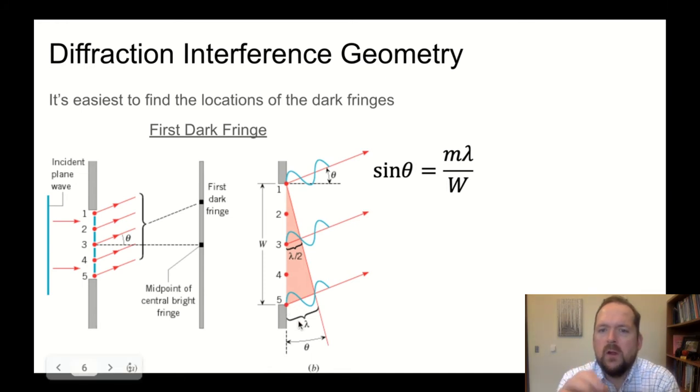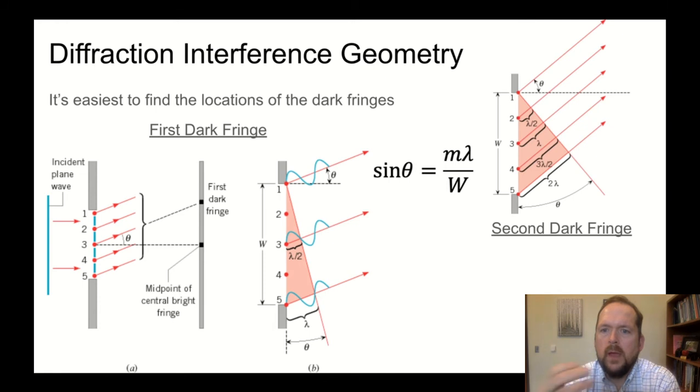So I get my first dark spot when that is 1 wavelength of extra distance down at the bottom. I get my second dark spot when that distance is 2 wavelengths down at the bottom. For the same reason, now you can think of 1 is canceling 2 and 3 is canceling 4, and you could fill in the gaps all the way down that as well. You can keep this same pattern going, right?